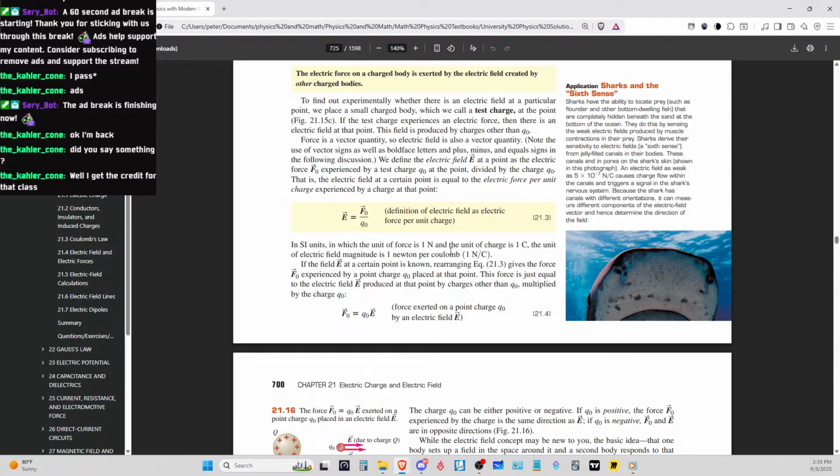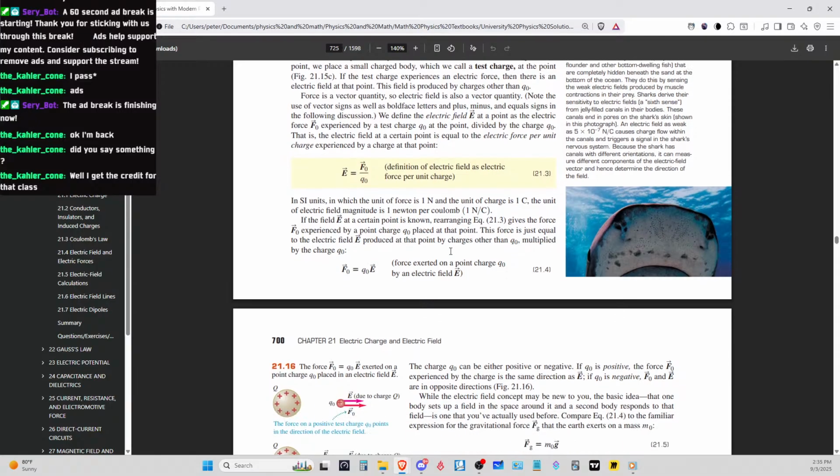honestly, when I think about it, it's somewhat similar, but at the same time it's kind of newish. Even though the acceleration due to gravity is a vector, you can sort of think of it as being in a gravitational field in some way. They're both vector quantities.